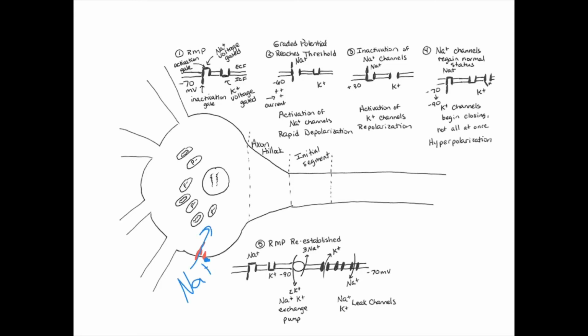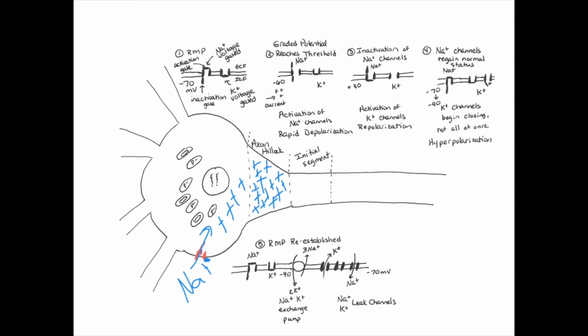So all of the sodium is pouring into the cell, and we get all these positive charges, and like I said, they're all going down to the axon hillock. And they're accumulating there. So we're getting more and more and more positive right there in that axon hillock.